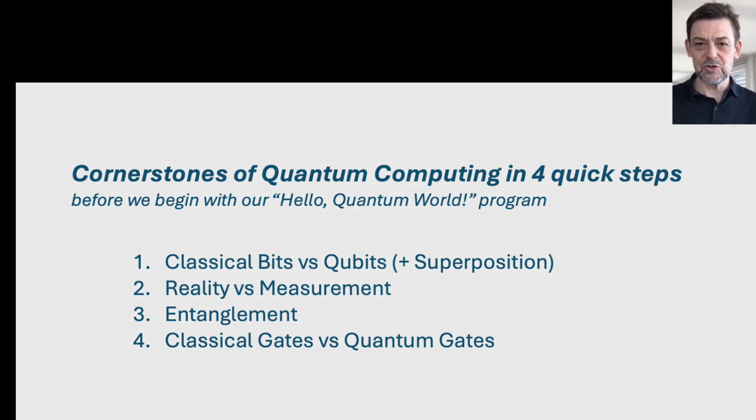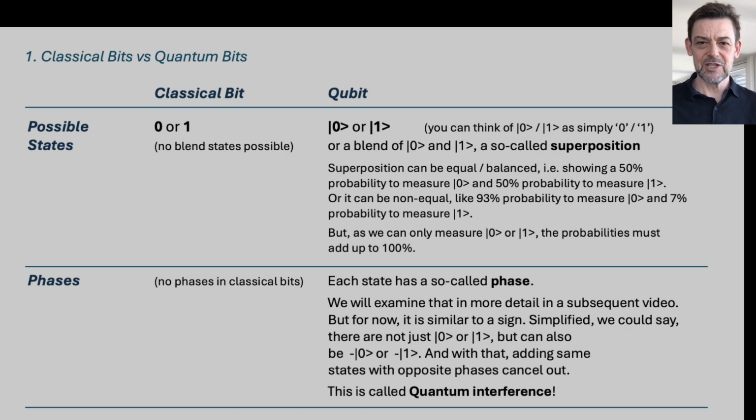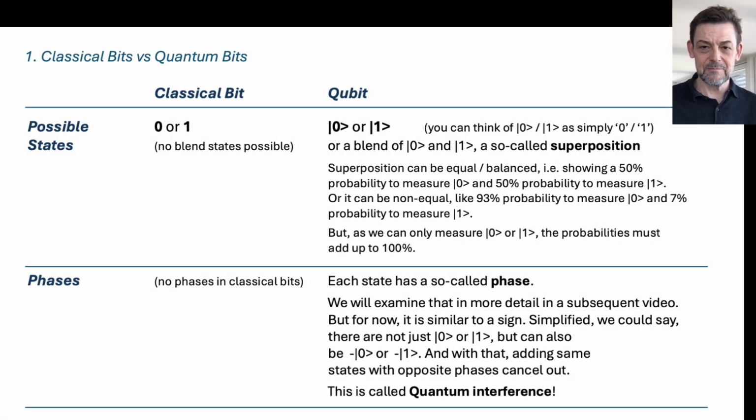We begin with qubits, the core of any quantum computer. Quantum computers store information in qubits, not in bits as classical computers. A classical bit can be 0 or 1. A qubit can be in state 0 or state 1, or unlike a classical bit, also in superpositions of those states.